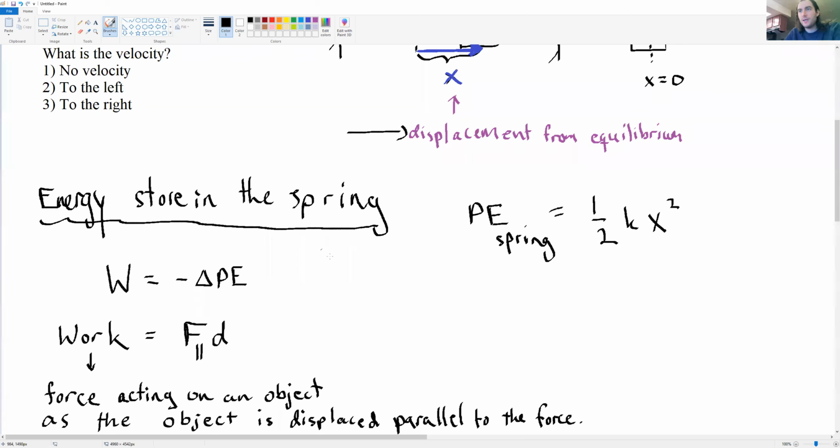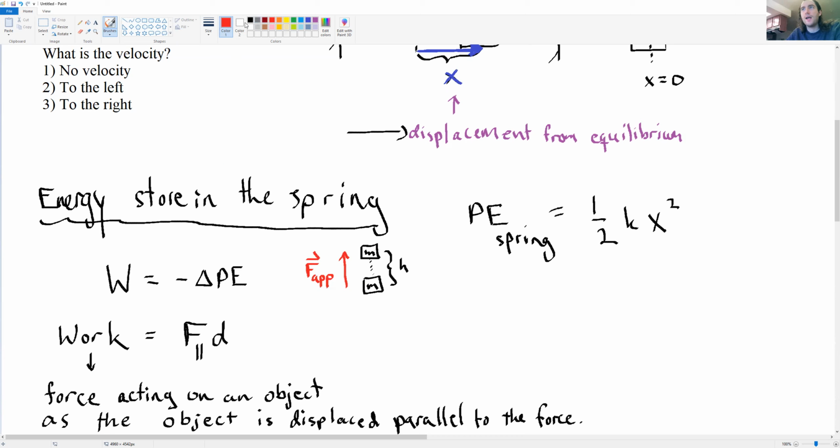The best picture that I always think of when I think about doing work and storing potential energy is just lifting a mass. So if I lift a mass up into the air a distance h, I have to do work, right? I have to apply a force. This is my applied force.